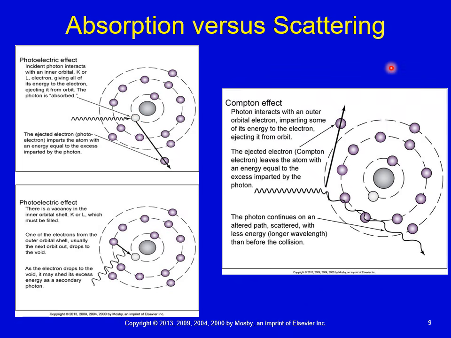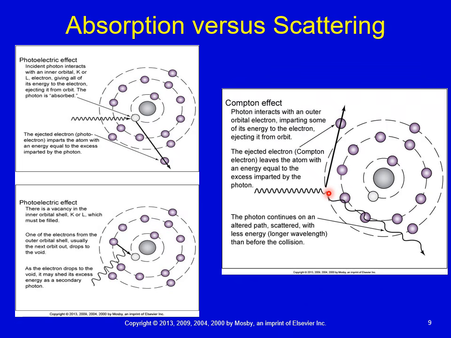Now, when we look at the Compton effect over here, I don't know why it has this one ejected, because it's not ejected if we're talking about a fresh Compton effect. But we have an incoming X-ray photon, so we're talking about Compton scatter. It's coming in and interacting with a middle or outer shell electron.